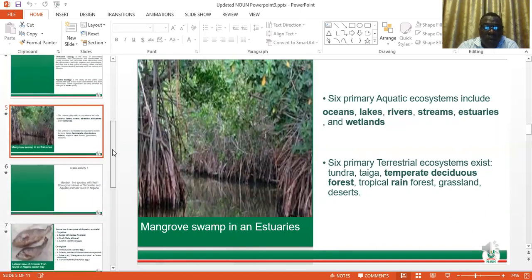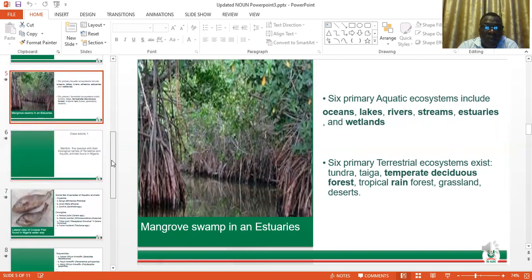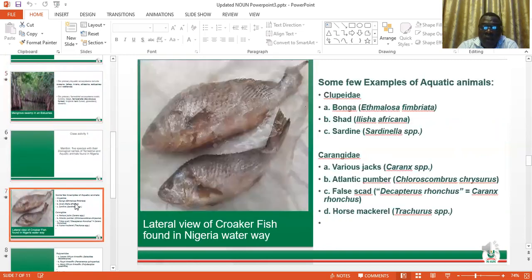Then we also mentioned some of the species of aquatic animals: the Clupeidae, which is the bonga fish, the shad and the sardines. These are common fish we can see in our waterways. Also the Atlantic bumper, the fast skate, and the horse mackerel. Mackerel belongs to the family Carangidae.